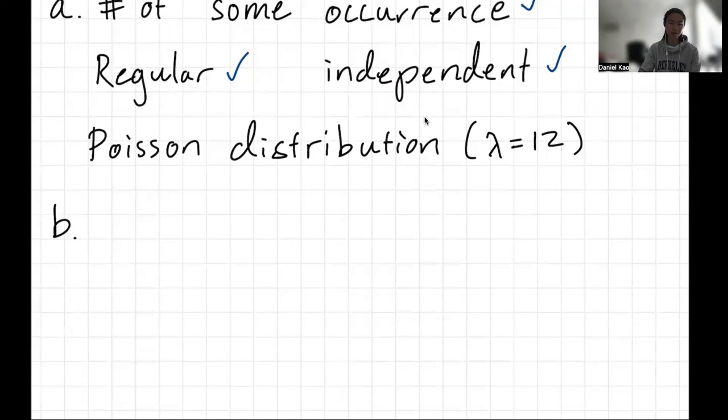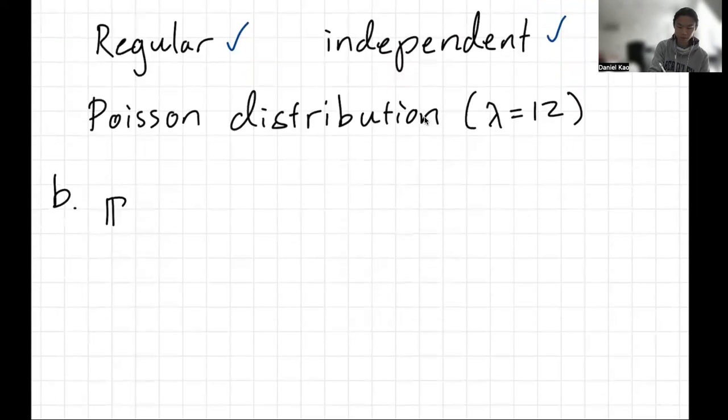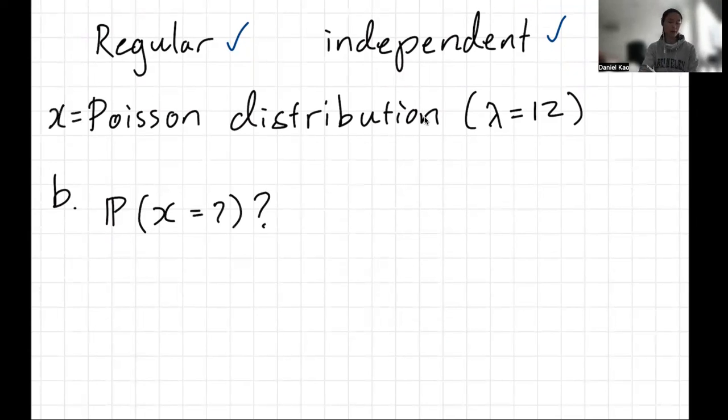So let's just focus on the 7 emails. What is the probability that, let's call our random variable X, equals 7? I should define this here as well to make it explicit. We know that the formula for the probability of a Poisson distribution is given by our parameter to the ith power over i factorial times e to the negative lambda.